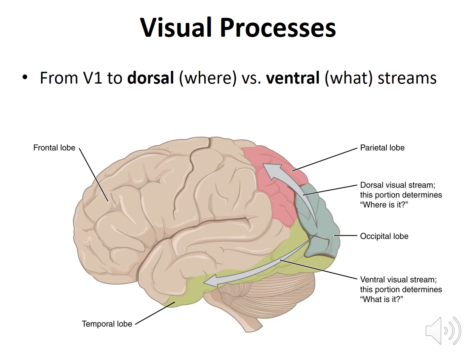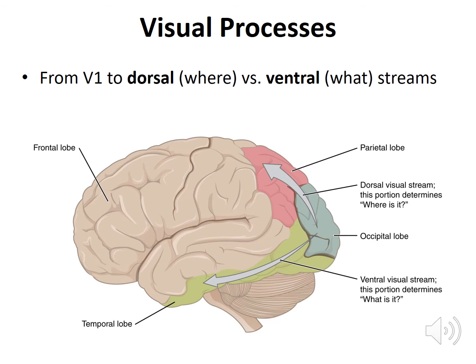So you can see here the parietal lobe would be the red color and the temporal lobe would be the light green color. And the study refers to these two streams as the what pathway as opposed to the where pathway.